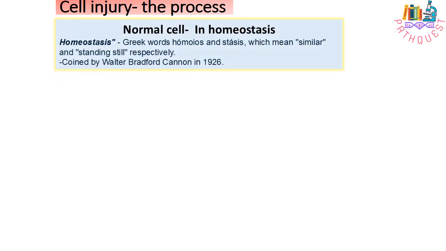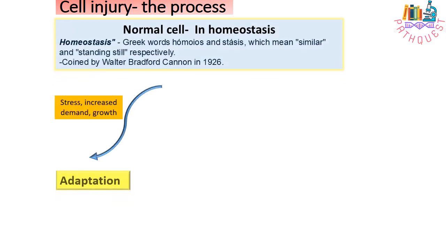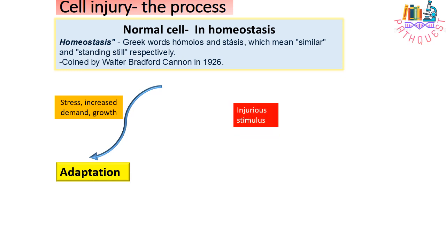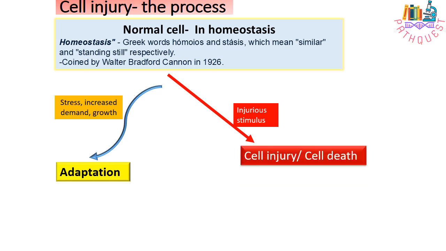So we have seen this: a normal cell exposed to stress results in adaptation, and the cell which is exposed to injurious stimulus will result in cell injury or cell death. So what will determine whether the outcome will be just injury or the death of the cell?